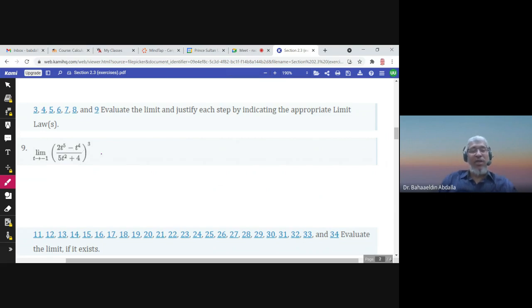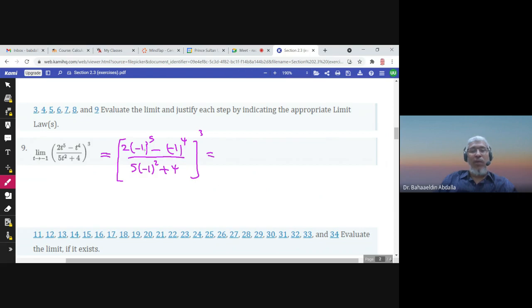But at the end, as we have seen, if it's a rational function or polynomial, we can just replace t by -1. So 2 times -1 to the power 5 minus -1 to the power 4 over 5 times -1 to the power 2 plus 4, all to the power 3.